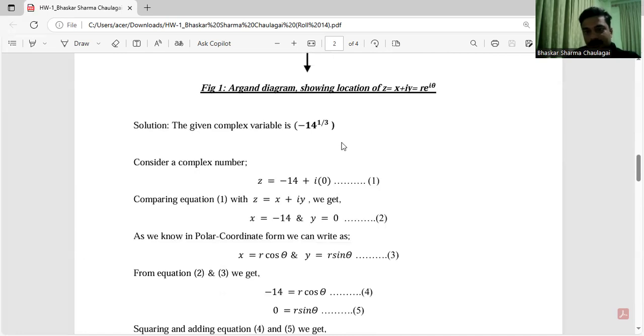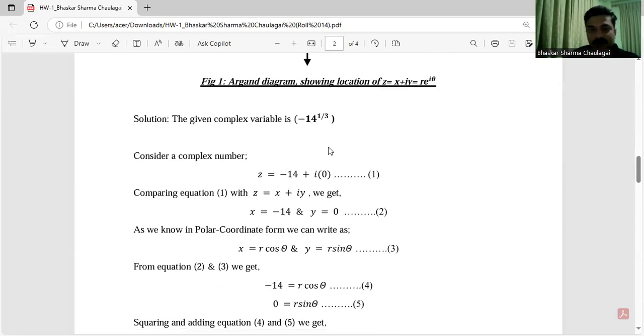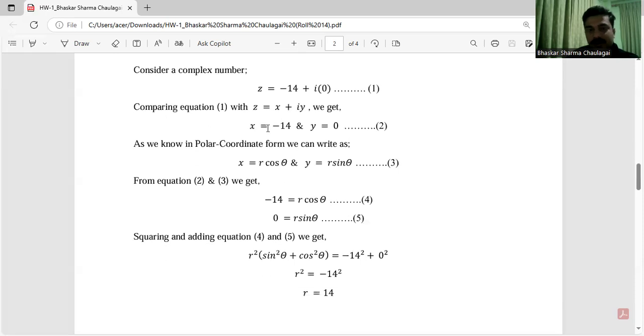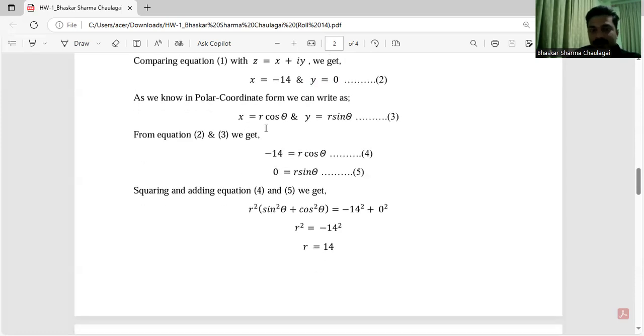Now let us start. How can we solve the complex variable negative 14 to the power 1 by 3? First of all, we will compare this variable with the standard form of the complex number. If we compare it, we get the value of x as negative 14 and the value of y as 0. Again, we can write this in polar coordinate form, where x is equal to r cos theta and y is equal to r sin theta.